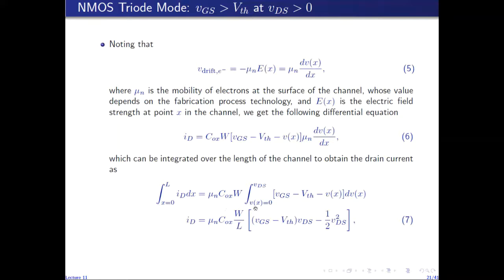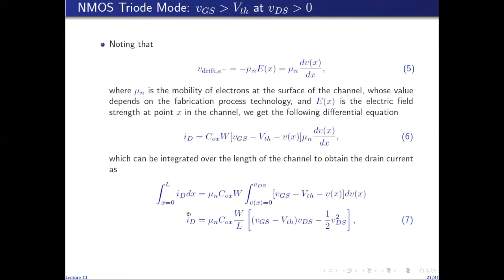At x equal to 0, the voltage Vx is 0 because we are at the source, and the voltage is measured with respect to the source. And at x equal to L, we're at the drain side of the channel, so the voltage Vx is equal to VDS.